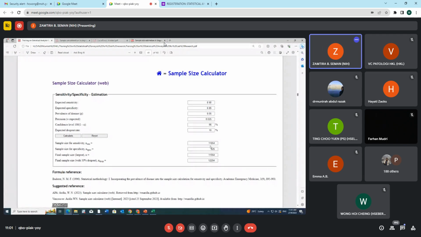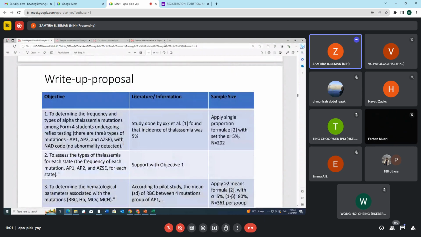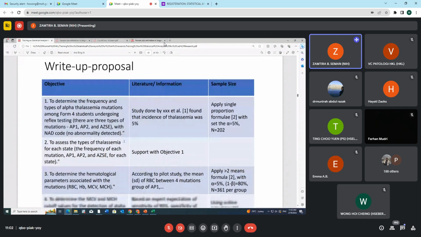This is from how to write the proposal. Just summarize into a table. This is one of the ways to present our sample. If you want to do it in the form of sentences, it's up to your creativity. But for me, with my experience, this one is accepted.